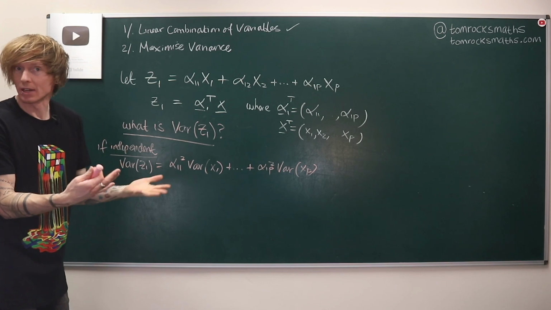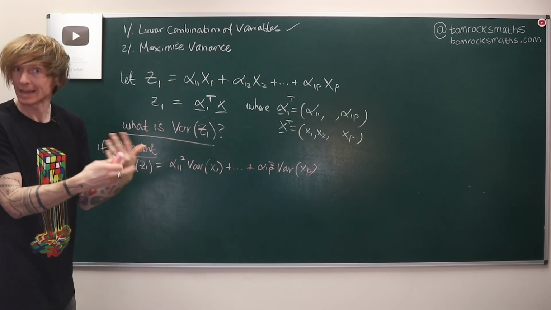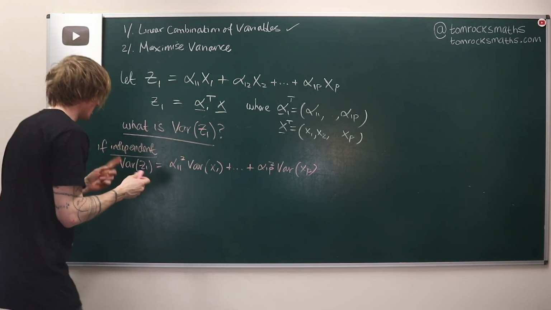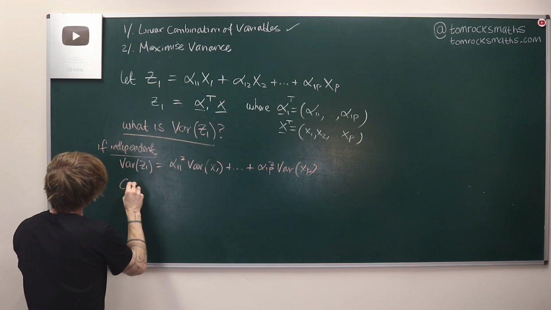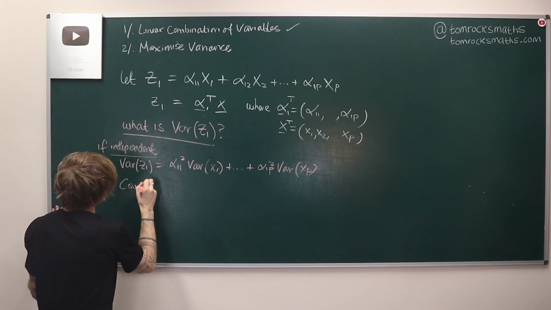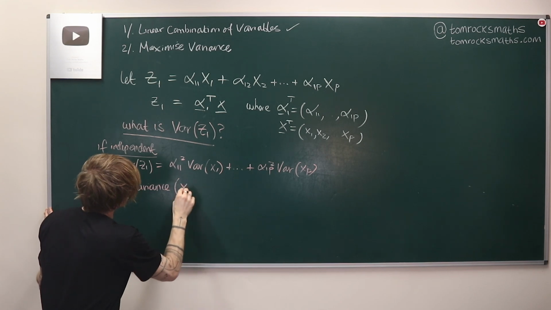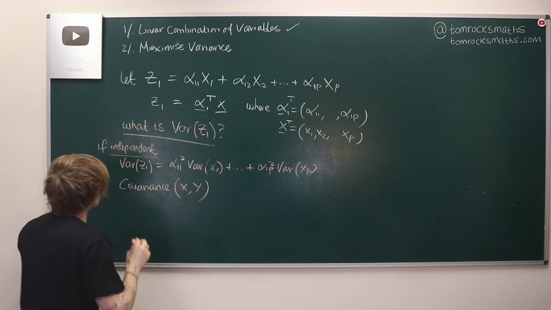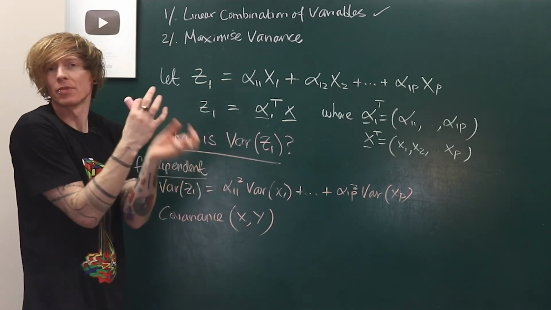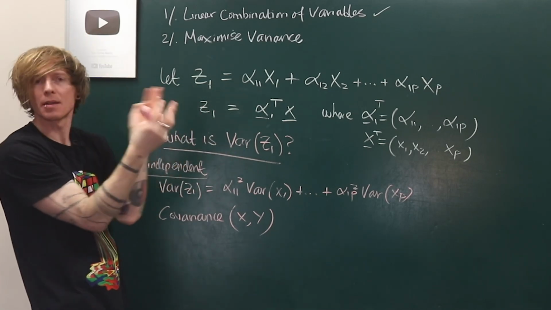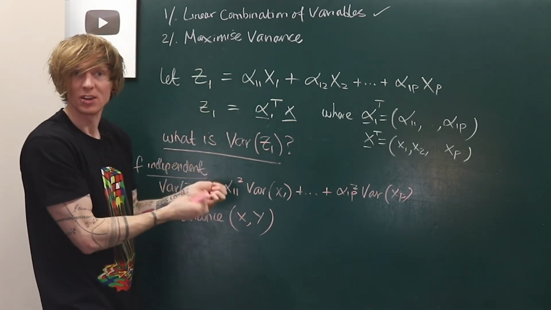And when I say more generally, what that's going to mean for non-independent variables is there will also be some covariance terms. So we actually need to think about what happens when you have two variables, which I'll call x and y. So this is a measure of the relationship and the interdependence between those two variables.